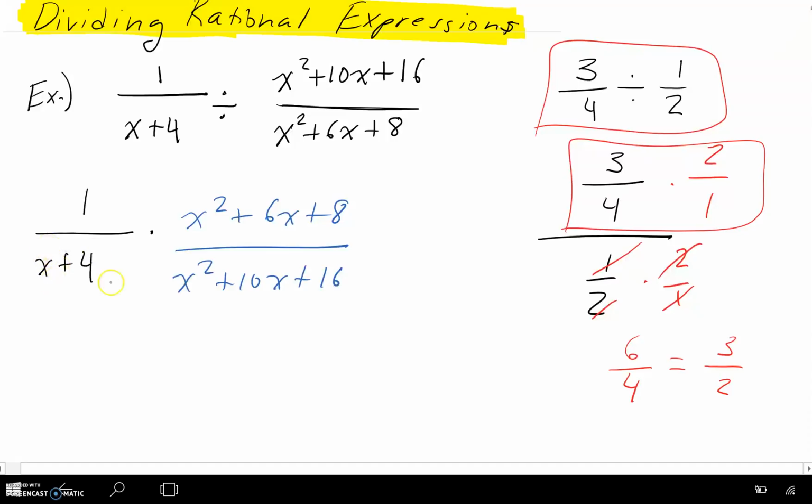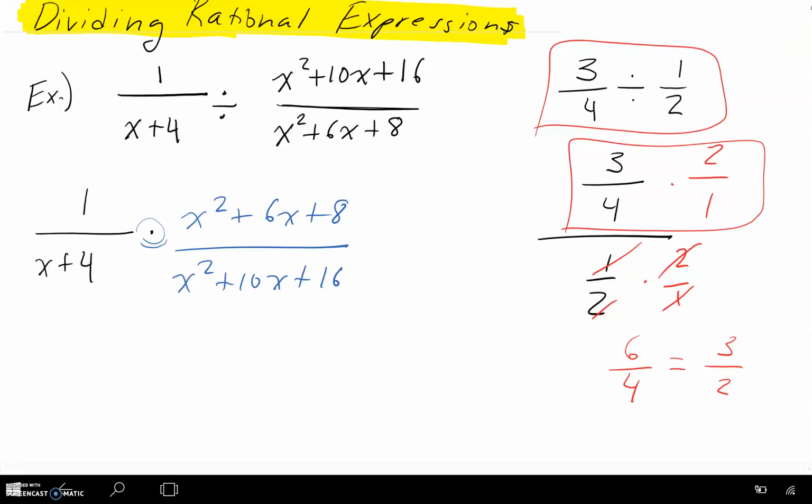Now I could sit here and distribute the x plus 4 to each term in this quadratic, but let's do something else. This is something you can also use when you're multiplying fractions. What if instead we factored each one? By the way, notice this is now a multiplication problem, and I'm multiplying by the reciprocal of my original problem.